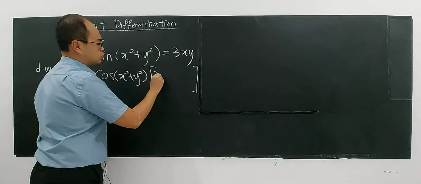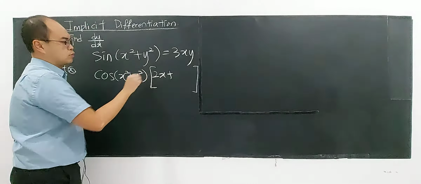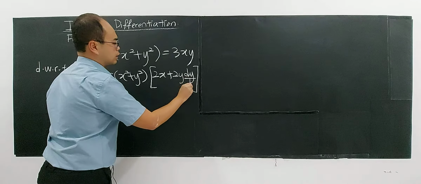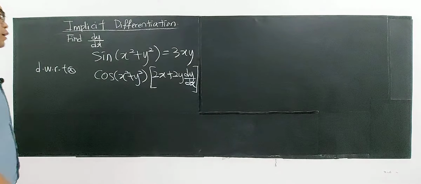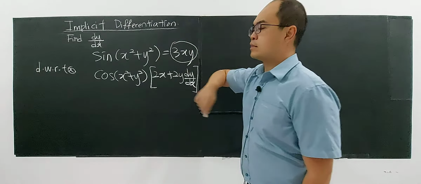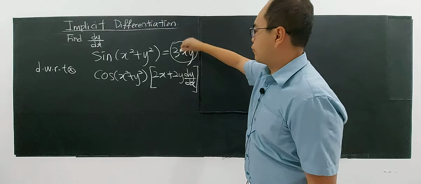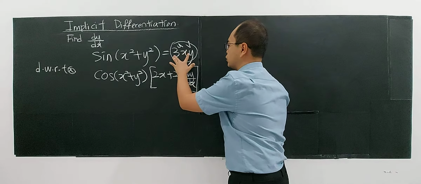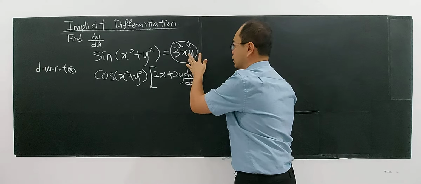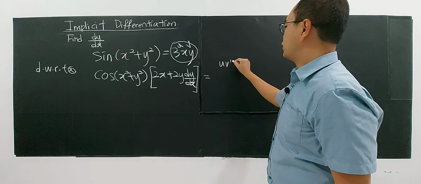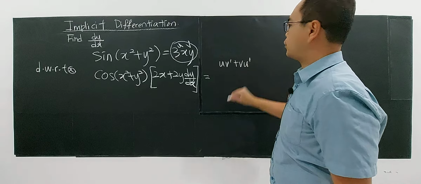So you have 2x, differentiating x squared gives 2x, differentiating y squared also gives 2y, but you need to add a dy/dx. Whereas for the right hand side, we have uv, right? It's a product. You can see clearly that this is a product between 3x and a function y, right? So I'm going to apply the product rule. The product rule is u v prime plus v u prime.